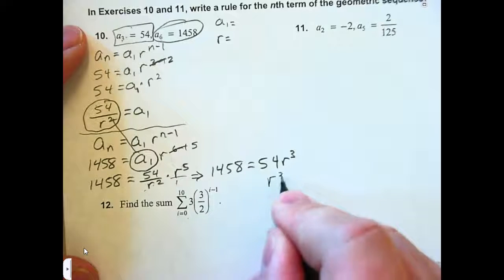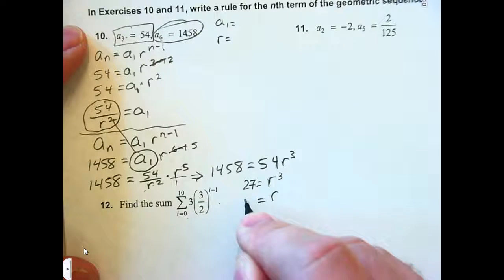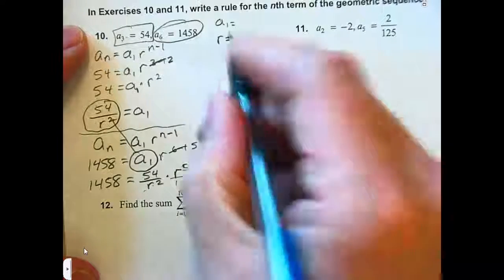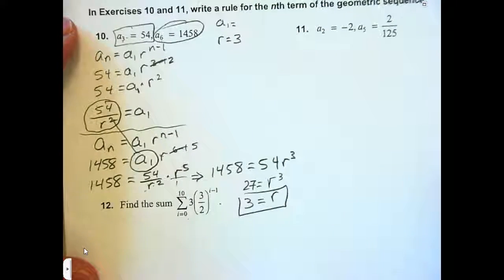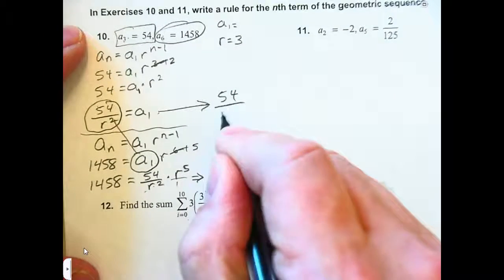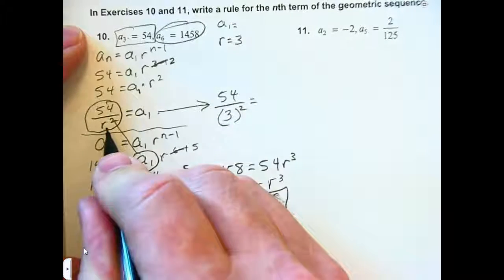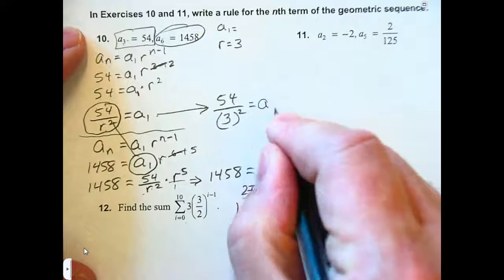So r cubed is 27 and r is 3. If r is 3, we can use that right here, 54 divided by 3 squared. Plug that 3 in for r. That's equal to a sub 1.